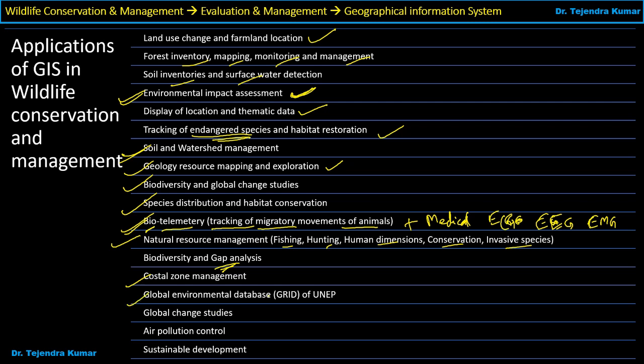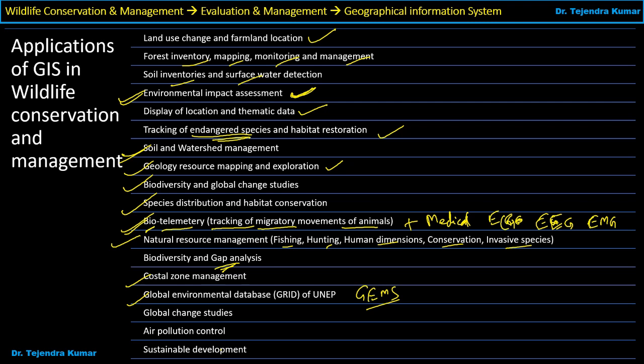Global environmental database, GRID of UNEP. GRID, I hope you know very well. The United Nations Environment Programme (UNEP) has set up the global environmental database within the framework of GEMS. What is GEMS? Global Environmental Monitoring System. The main functions of GRID are environmental data management and to establish a global network on environment using GIS and image processing technology.